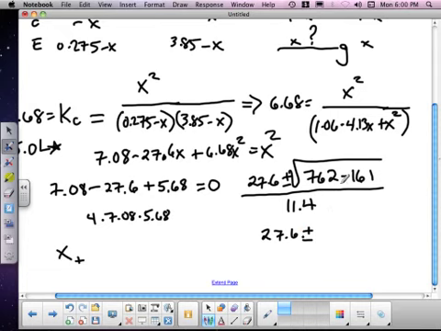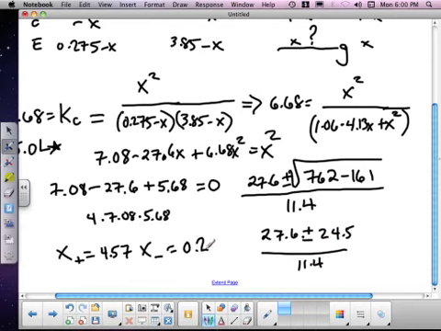So my plus root is 27.6 plus 24.5 divided by 11.4, and that comes out to 4.57. My negative root, when I take 27.6 minus 24.5 divided by 11.4, I get 0.272.